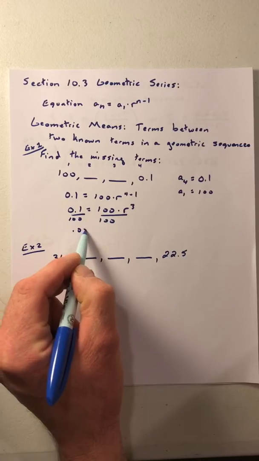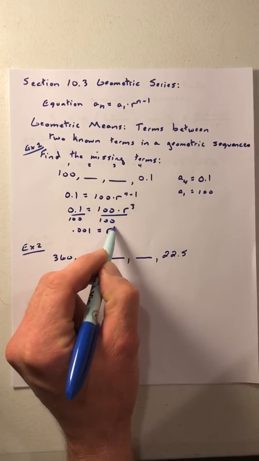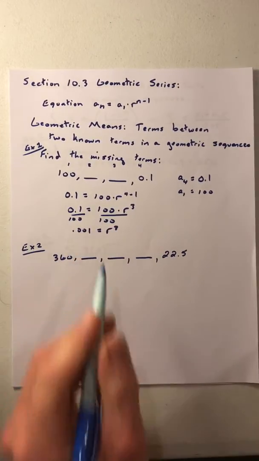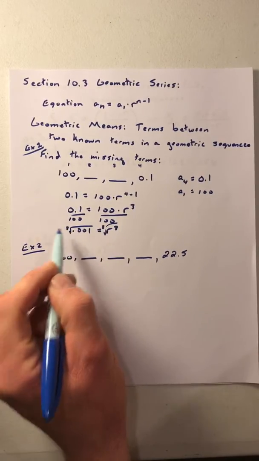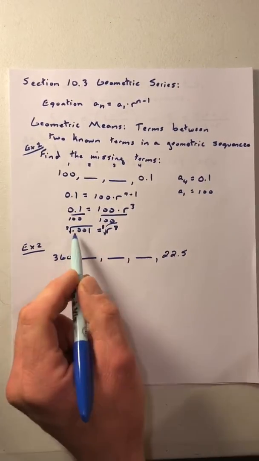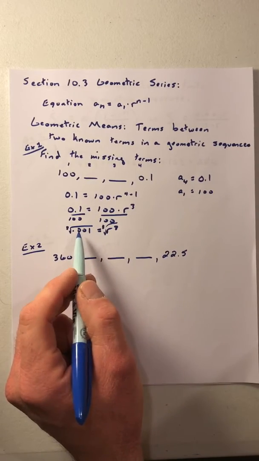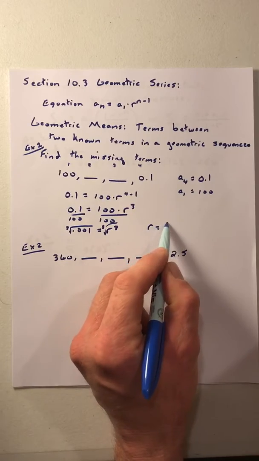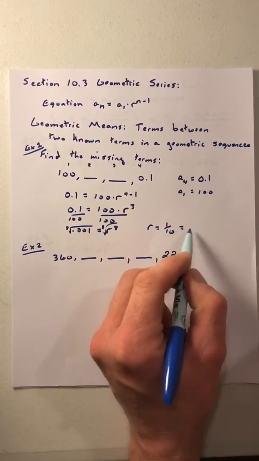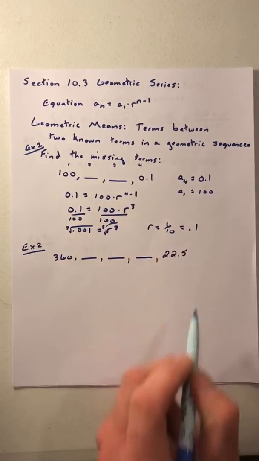So I get 0.001 equals r to the third. Solving for r, I can take the cube root of both sides. So the cube root of 1/1000 is 1/10. So we know that r equals 1/10, or if you want a decimal, 0.1.